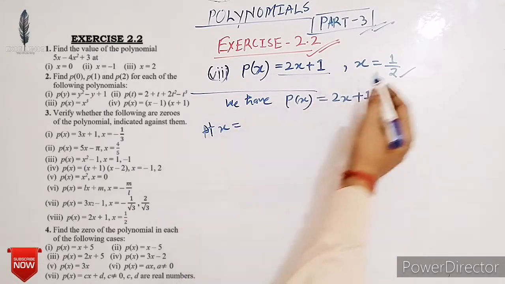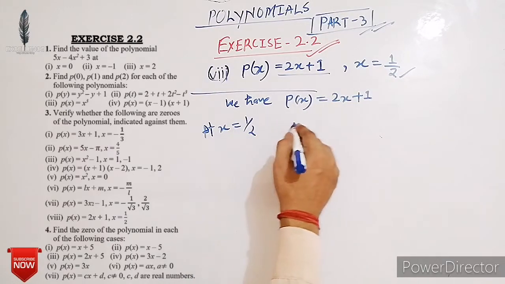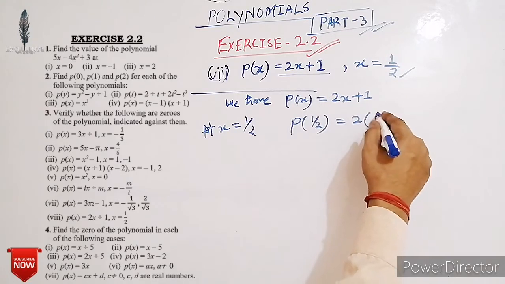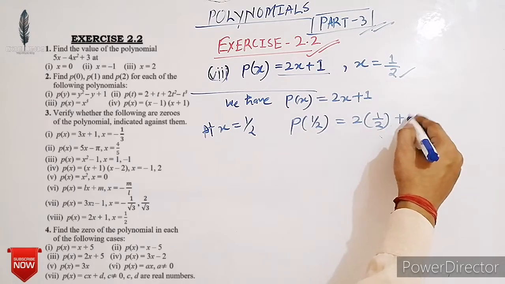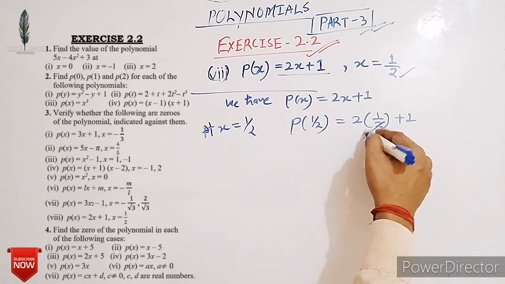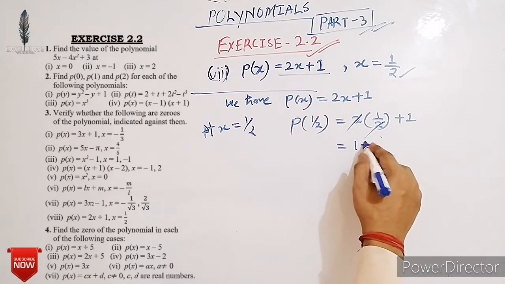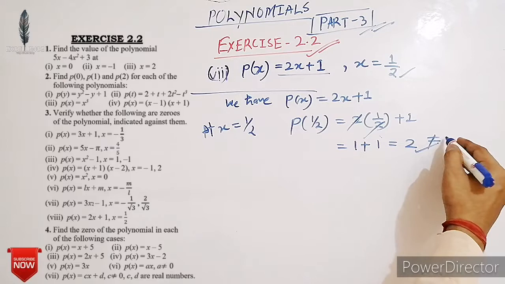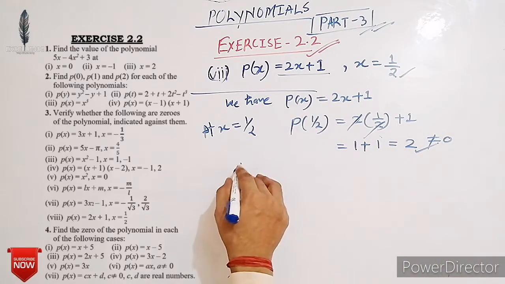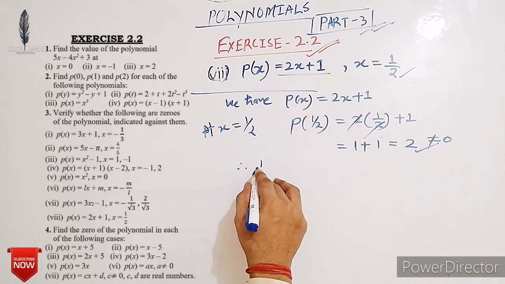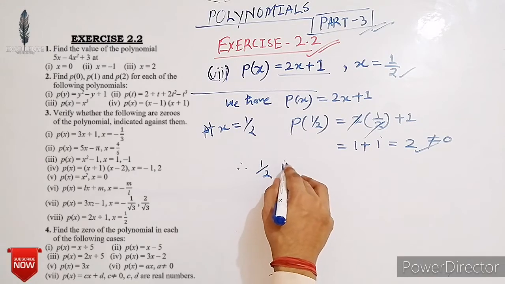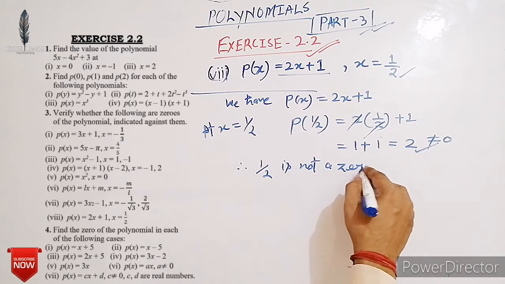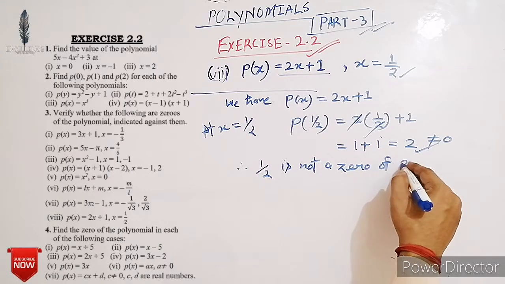At x is equals to 1 by 2, this polynomial becomes P of 1 by 2 is equals to 2 into 1 by 2 plus 1. Here 2 cancel. Here 1 plus 1 is equals to 2. It is not equals to 0. So here 1 by 2 is not a 0 of P of x.